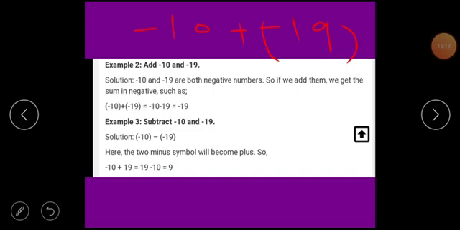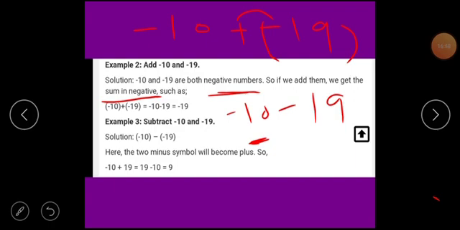Now look at the solution. -10 and -19 are both negative numbers. So if we add them, we get the sum in negative form. Both are with negative sign, so you will get negative sign in answer also.